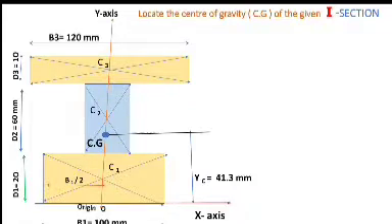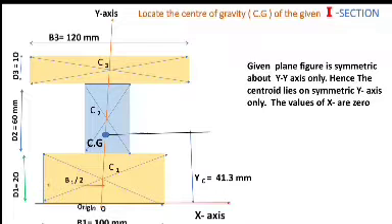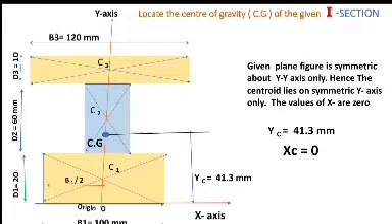Therefore for the entire I section, the values of centroid are xc equal to 0, yc equal to 41.3 mm. It is the final answer and the final position of the centroid or center of gravity for the I section. Thank you.